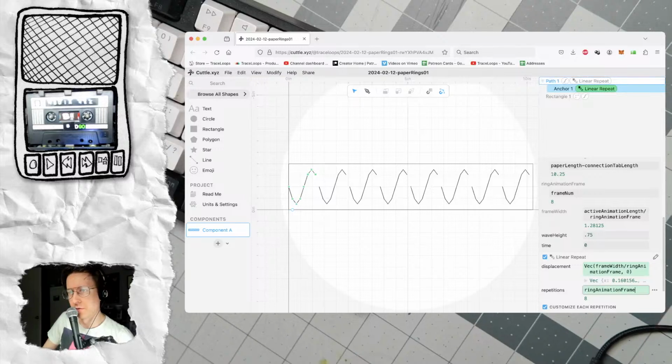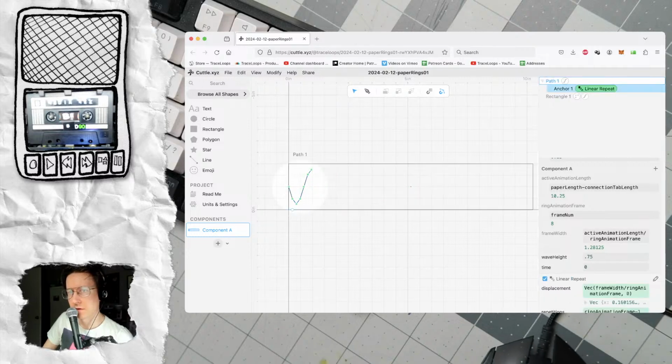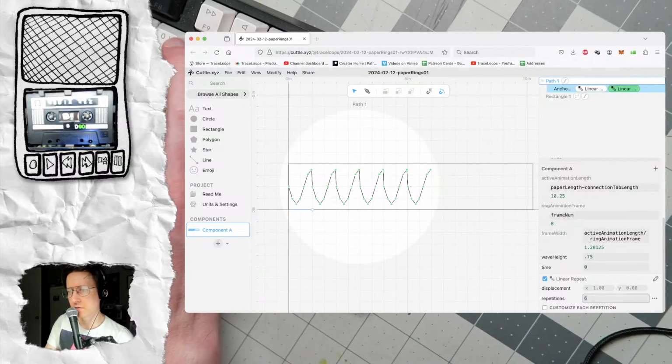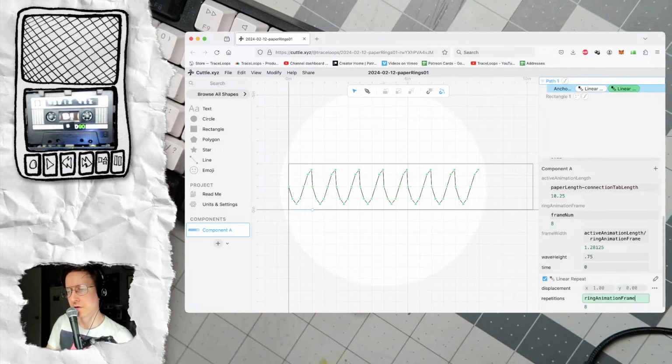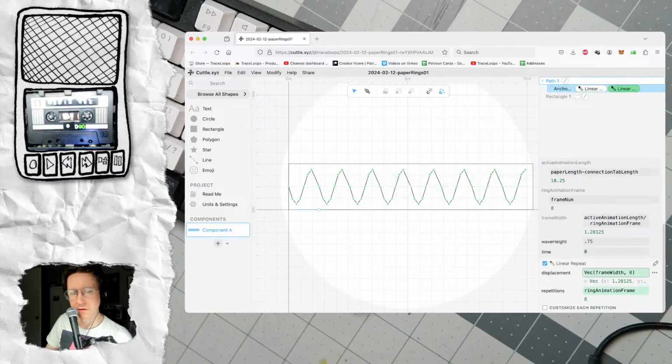This is correct, but this linear repeat needs to come one sooner. Modify linear repeat a second time. Repetition is ring animation frame. Displacement is frame width. And let's customize each of these repetitions. Alright, what I am realizing is this needs to be plus 1. Not on that one.